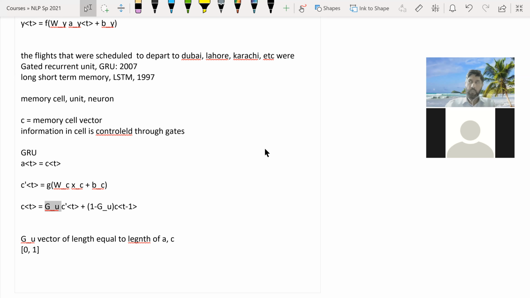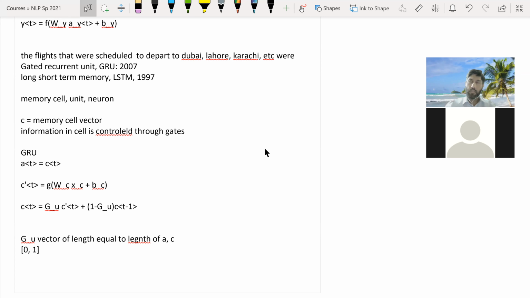So it means that we will take this candidate that was generated at this time step, and 1 minus G U would then be 0, and we will discard the information from the previous time step that was in the memory cell and put this new value in the memory cell. So that is one way of doing it. In other words, you don't have any memory. Previous से जो भी information आ रही है आप discard करते जाएं and retain only the current information.